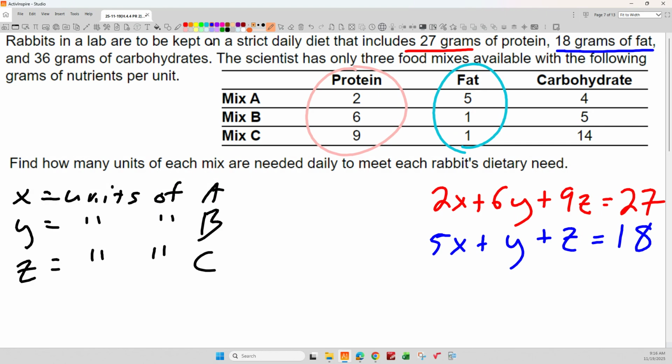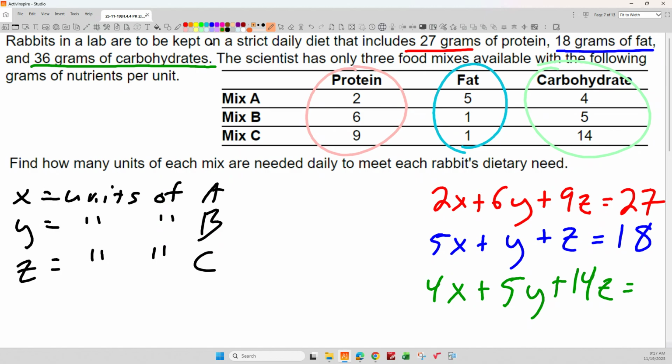So we need a total of then also 36 grams of carbs, and this is telling us the number of grams per unit. So our third equation is going to be what? Y plus 14z equals 36. Go.